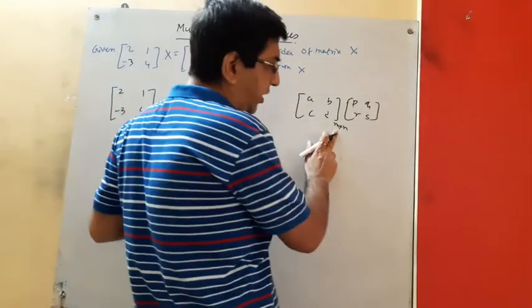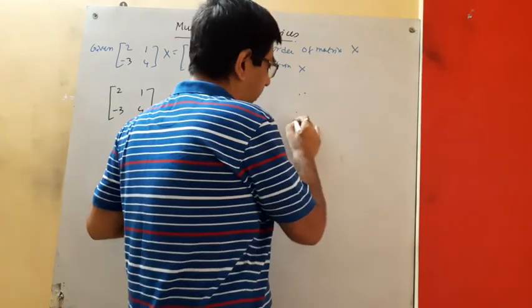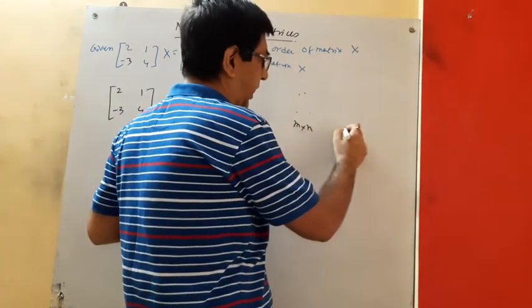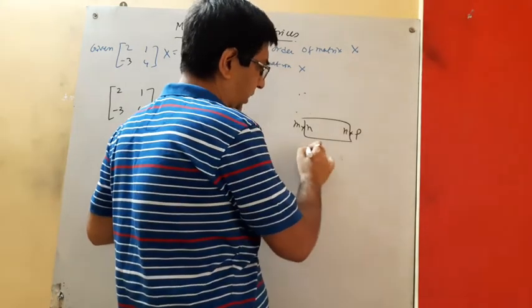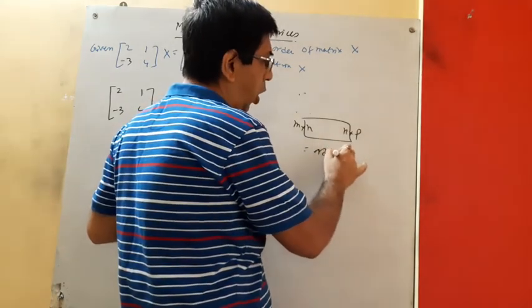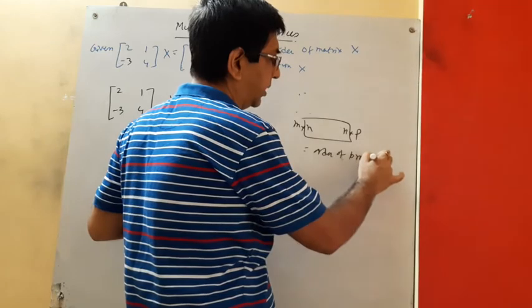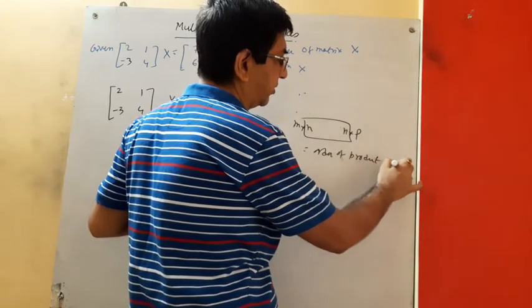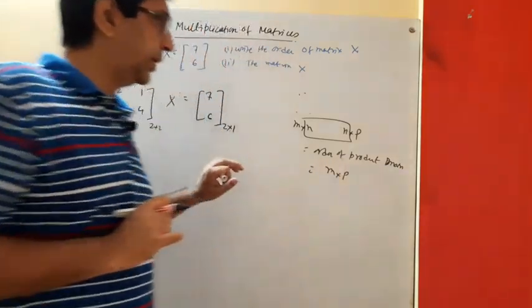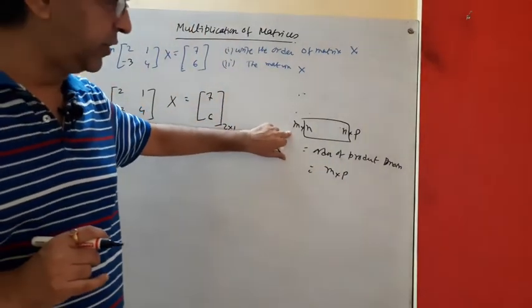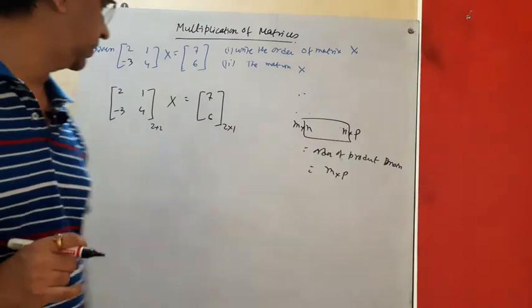Suppose the order of the first matrix is M by N, and the order of the second matrix is N by P, then the order of the product matrix will be M into P. That is, the row number of the first matrix and the column number of the second matrix.